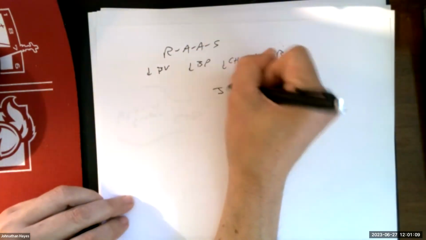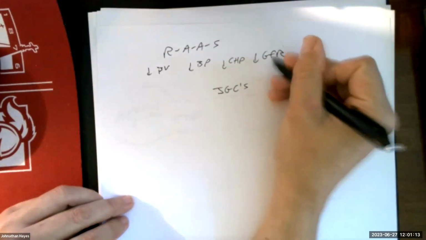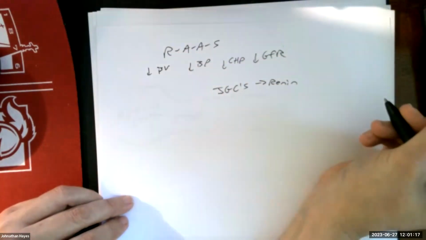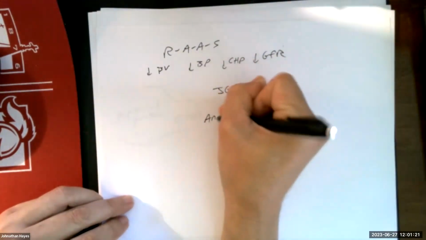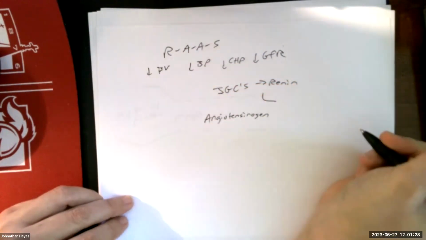So juxtaglomerular cells, I'm just going to abbreviate that now because we don't need to know it yet, in the presence of a low GFR, release renin, which is a hormone that goes into the blood. And renin will come into contact with a plasma protein that's always floating around in the blood plasma, made by the liver, called angiotensinogen, right?